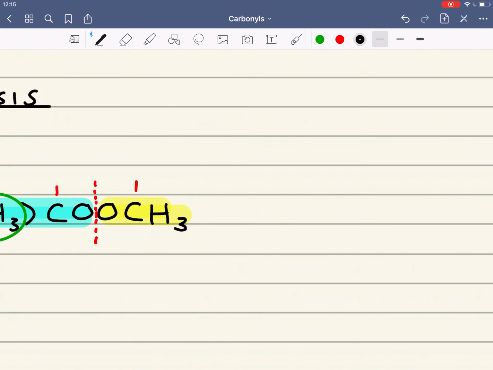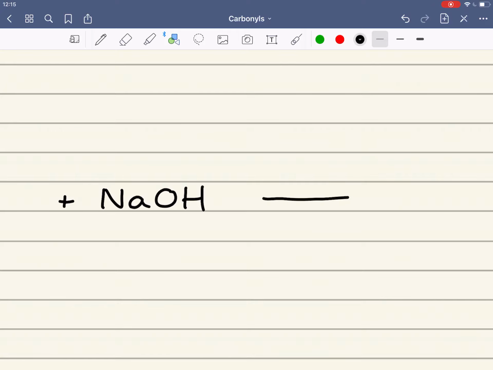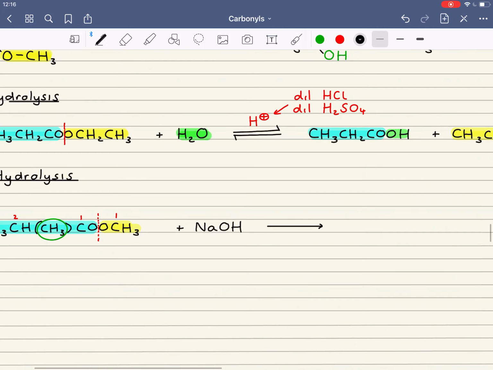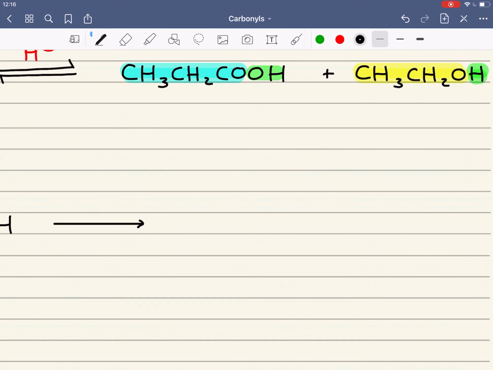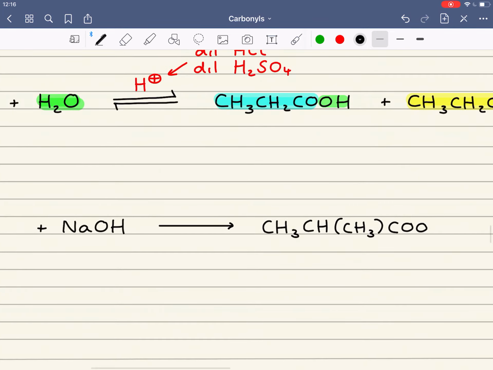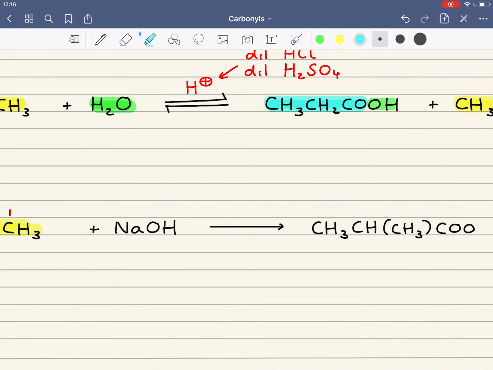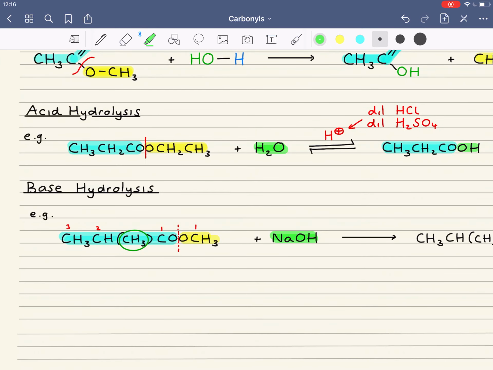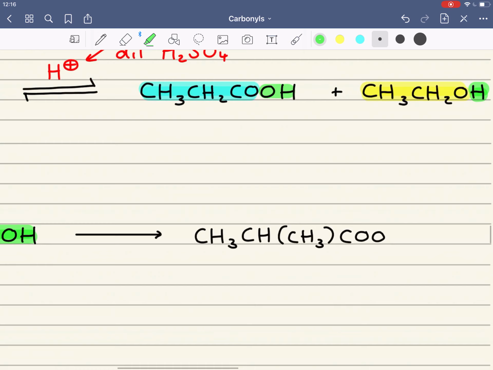In the base catalyzed hydrolysis, we add sodium hydroxide. And the key here is this is not a reversible reaction. So this reaction now goes to completion. And hopefully we can see what we're going to form. This time, instead of adding the OH to the part highlighted in blue, we're actually going to add ONa instead.